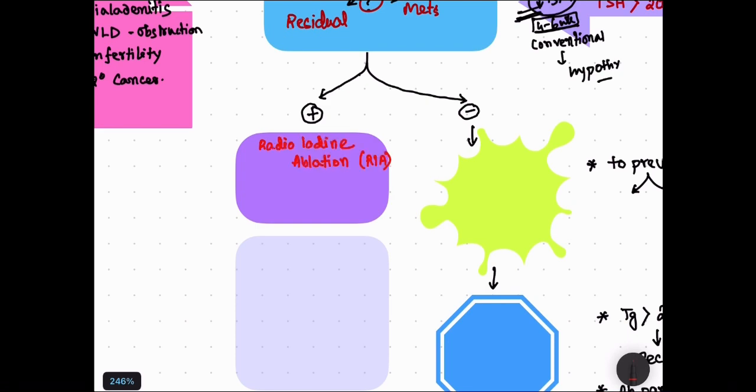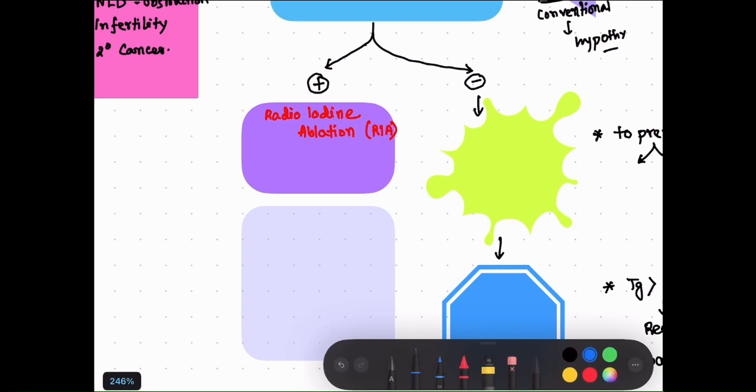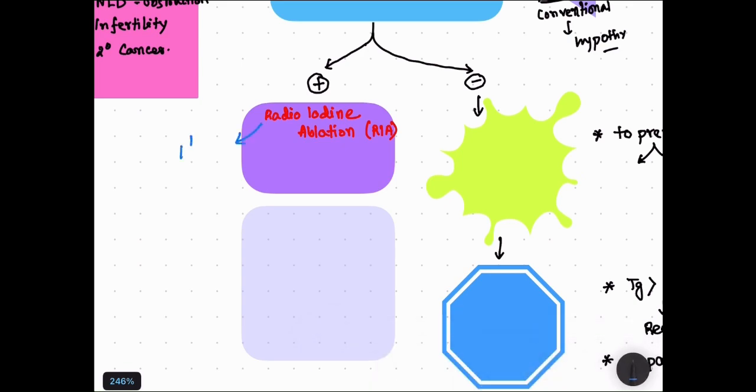Radioiodine ablation. Now this radioiodine ablation is very important. It uses the iodine 131 isotope, it uses beta rays, and the half-life is around 7 to 8 days. Okay.